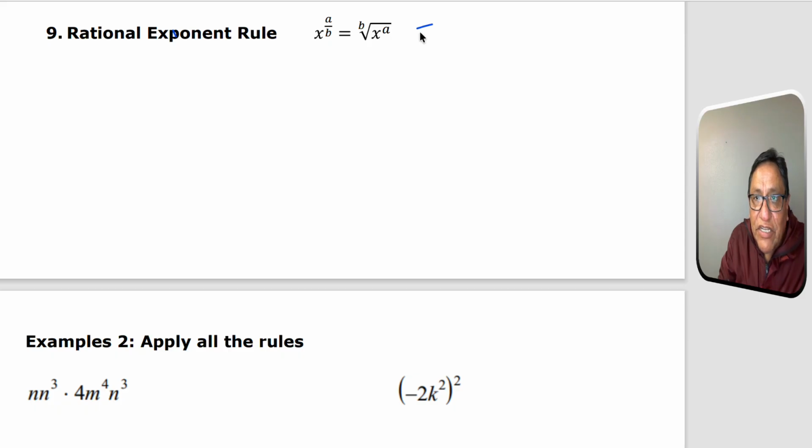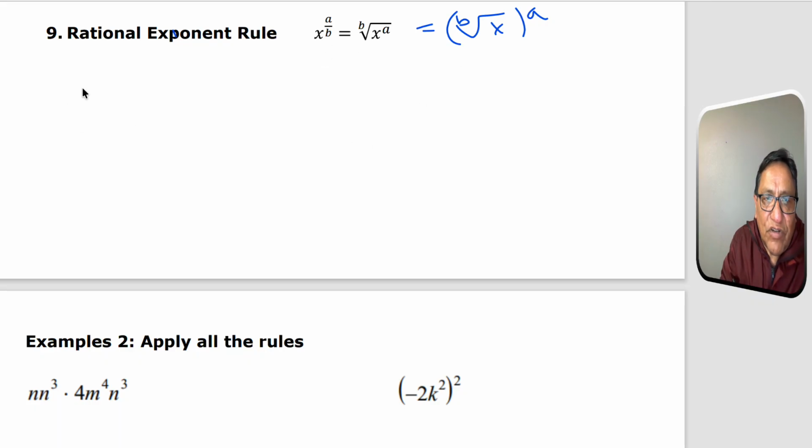Or also you can write this as the b root of x, all this to the power a. Both are correct translations from rational exponent to radical.